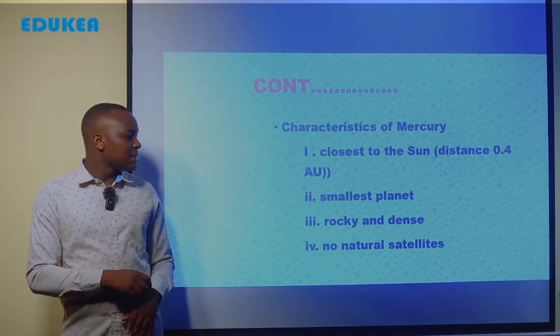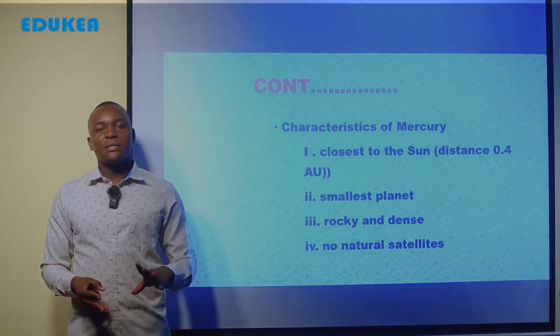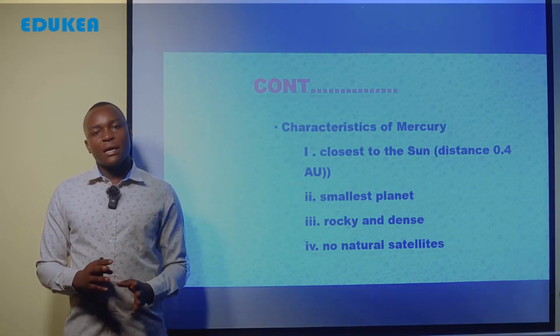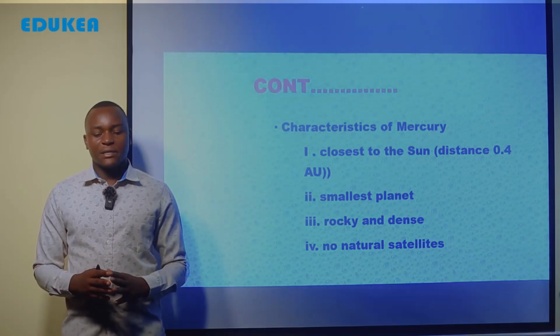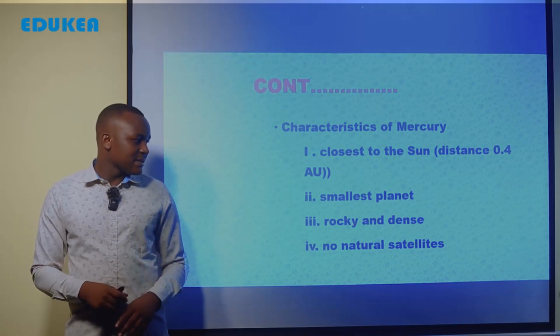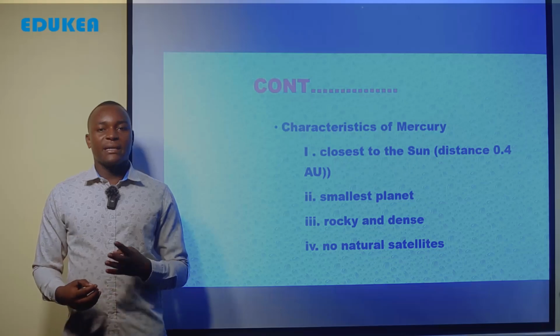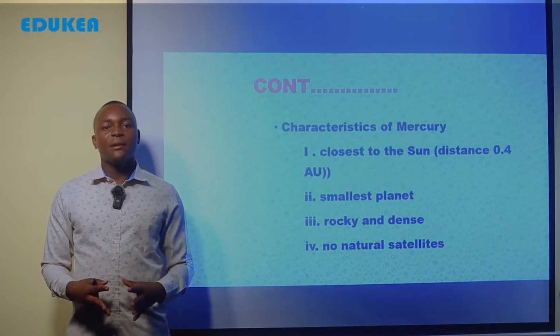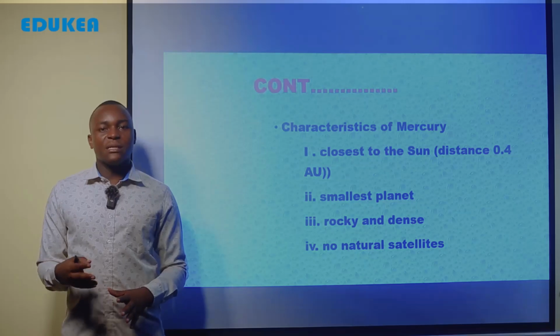But this is the smallest planet. When you look at their size, Mercury is the smallest planet. But also we say rock and dense. Mercury is rock and dense, meaning it contains more rocks, and it is a dense planet because it contains rocks.